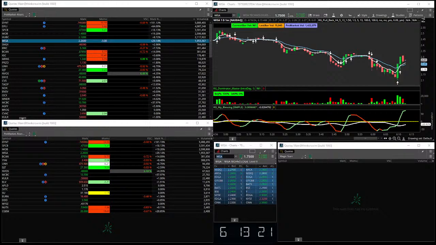Your TIF is on EXT, so you don't miss a trade. You have to have extended hours selected in TIF in order to trade stocks. And they have to be limit orders.